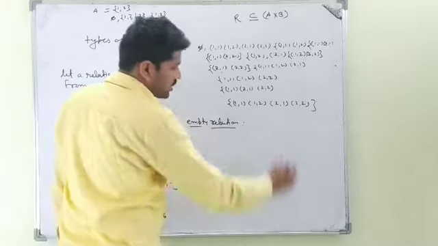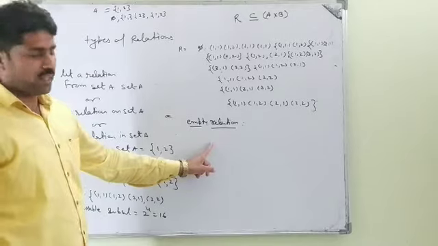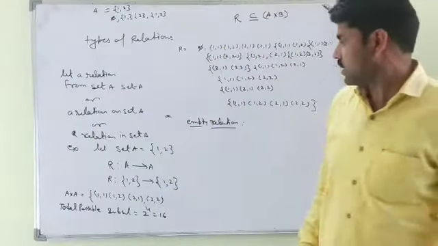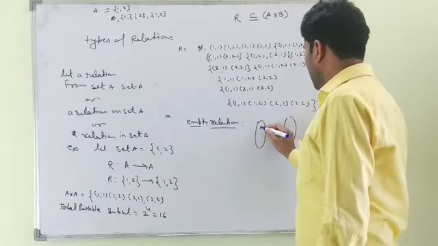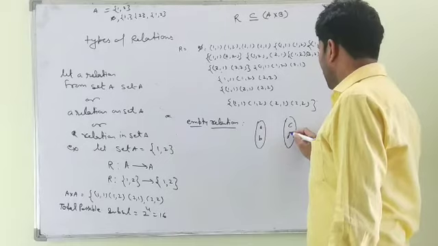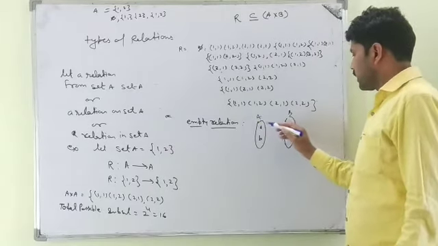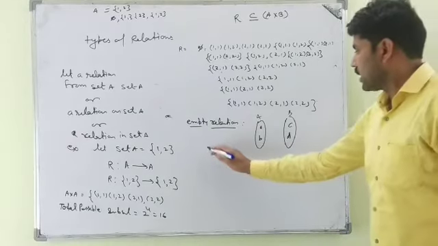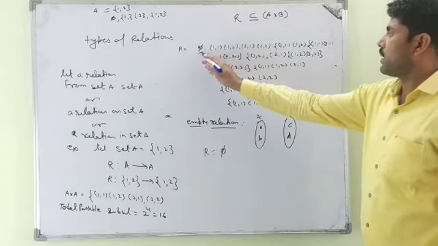An empty relation means no element of set A makes an image with the other set. Like this: A, B, C, or D. No element of set A matches with any element of B. That is what an empty relation is. This is phi, the same case.